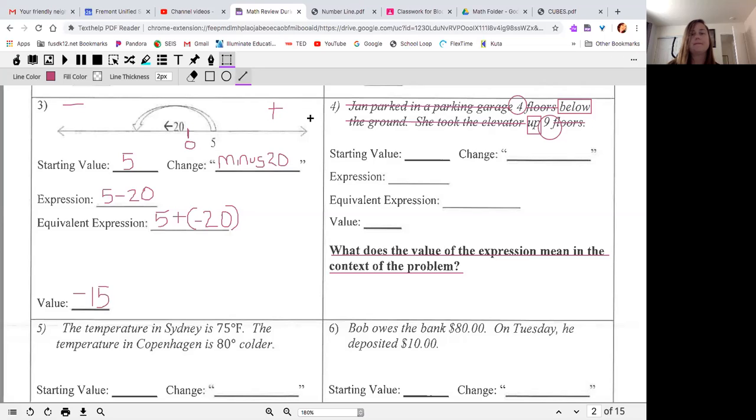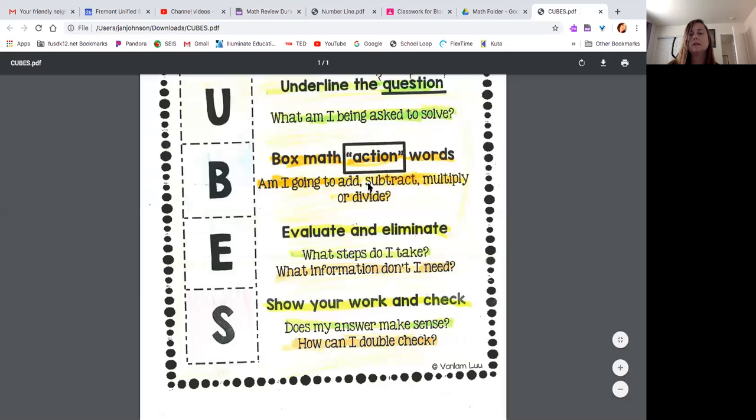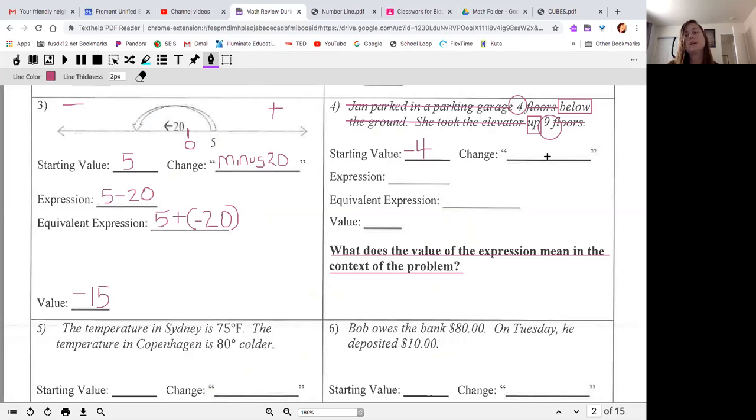My starting value says 4 below. That means -4. So now we're solving. Show your work. S, cubes, solve. The change says up 9. So up is positive. And below is minus.